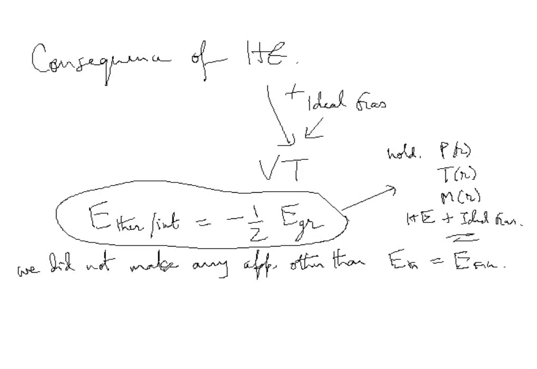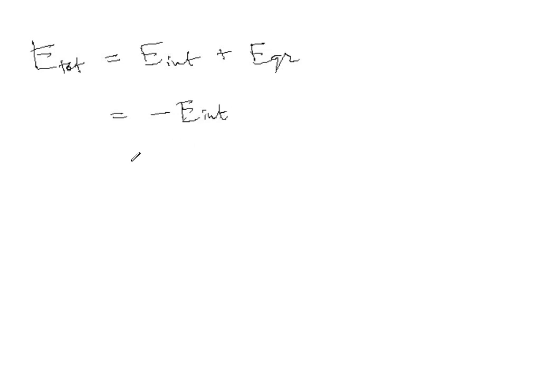Now, an important consequence of this relation is the following. Let me just recap for you. I can write E total is equal to E internal plus E gravitation, and this gives me basically minus E internal, using the last equation, or half of E gravitation, which is less than 0.